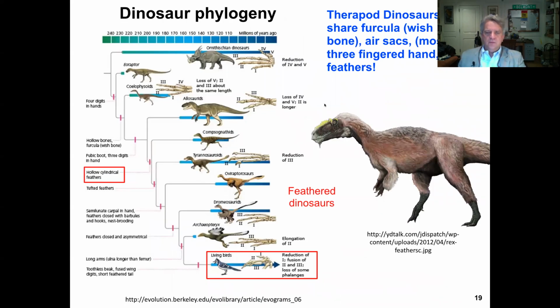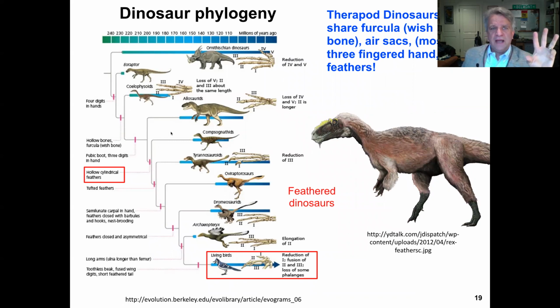Now, the theropod dinosaurs basically have the shared derived characters that all theropod dinosaurs, including birds, possess: a furcula, that is the wishbone, air sacs, most of them have a 3-fingered hand, and the presence of feathers.